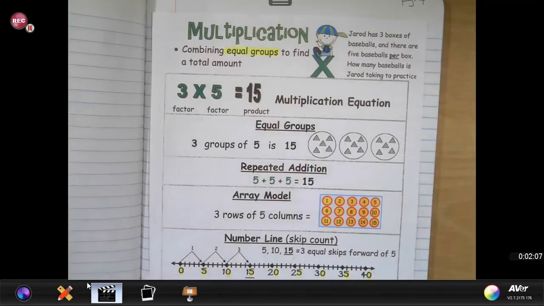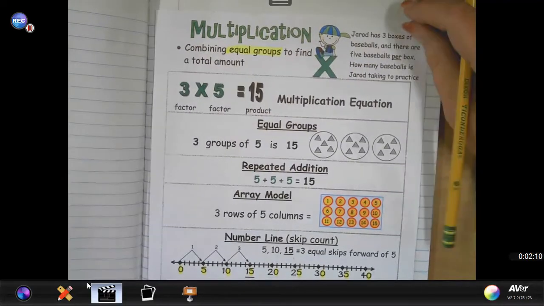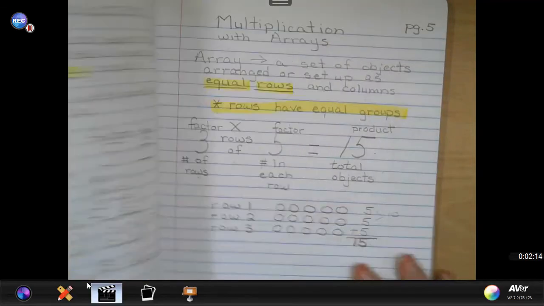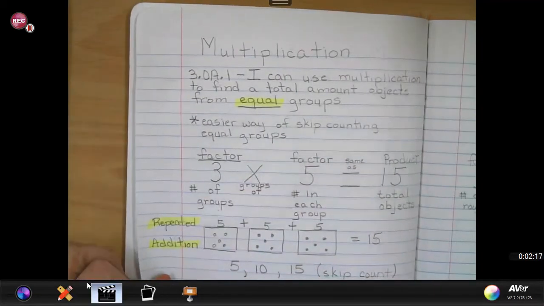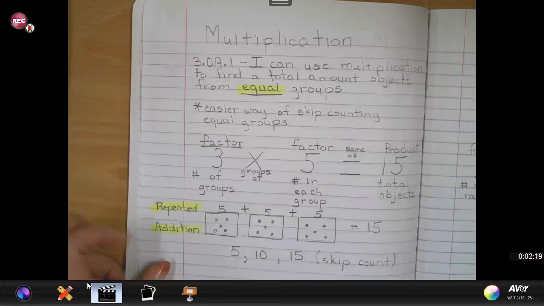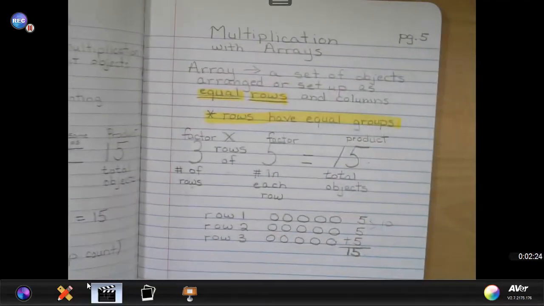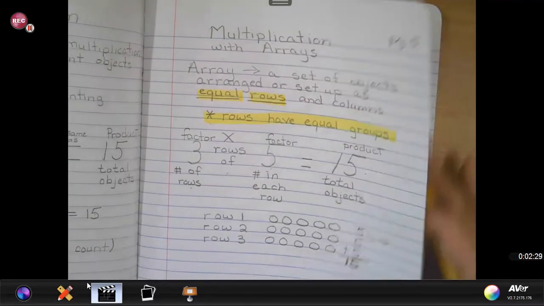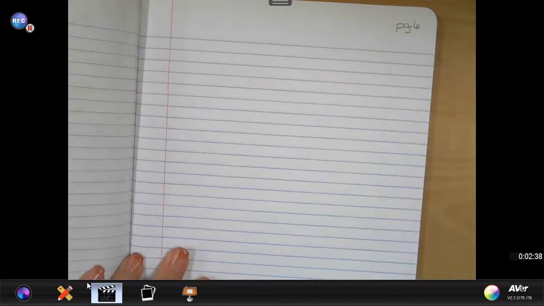And on page 4, we did our multiplication anchor chart. We went to the back of page 4 and talked about using multiplication with repeated addition. Then we recently took notes on multiplication using arrays. And now we're going to turn to the next page, page 6, and talk about the properties of multiplication.